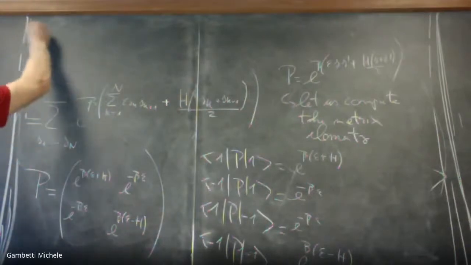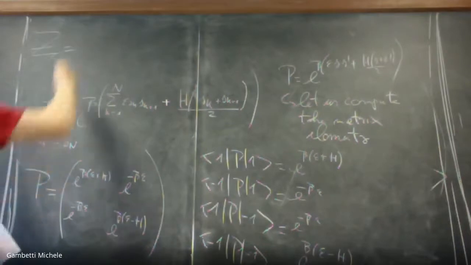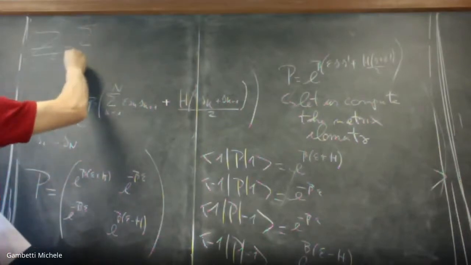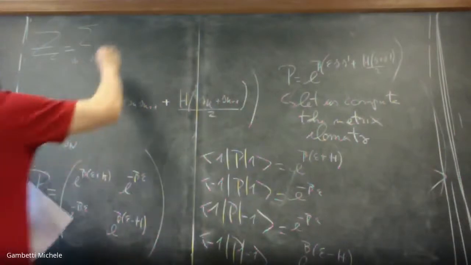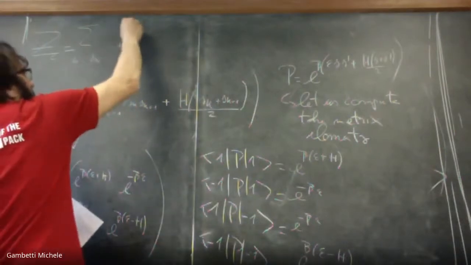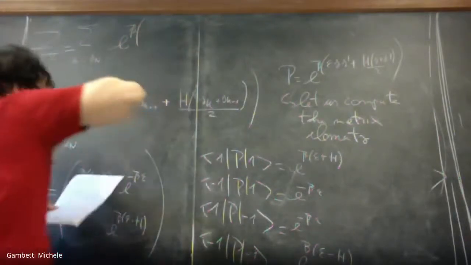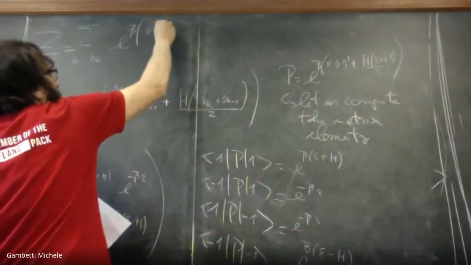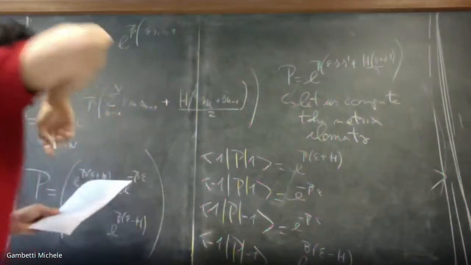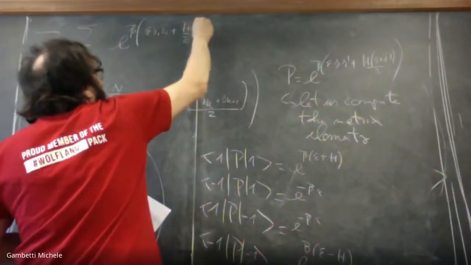Let me start again with the canonical partition function, which was the sum S1 up to Sn of e to the beta. Let's write explicitly which are the terms of this sum. So here I will have epsilon S1, S2 plus h divided by 2 and S1 plus S2.